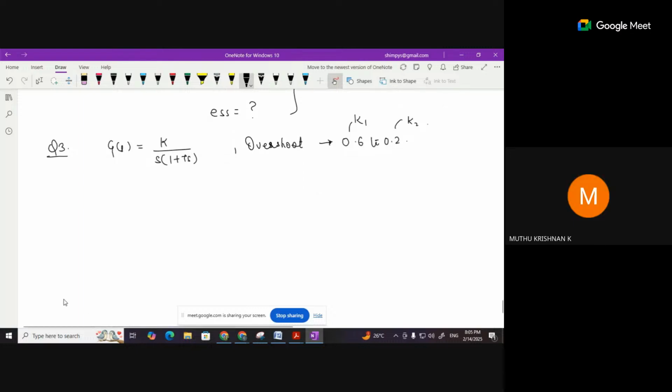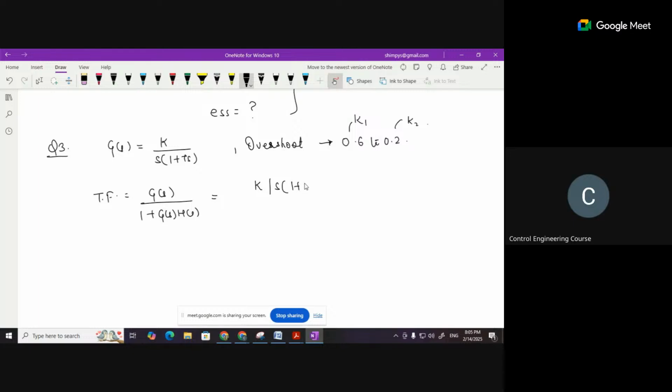Okay. So how do you have to proceed? First, you have to find out the closed loop transfer function, right? That will be G(s) by 1 plus G(s)H(s). On solving this, how much did you get? If you have the calculation, you can tell me quickly.